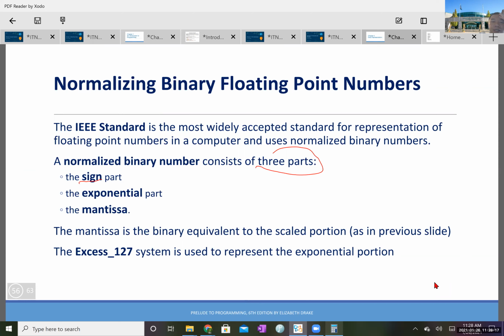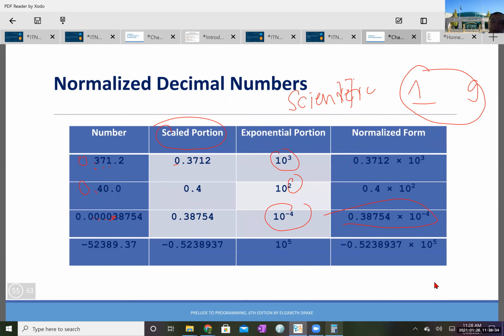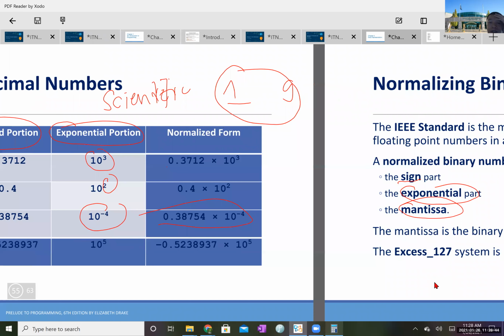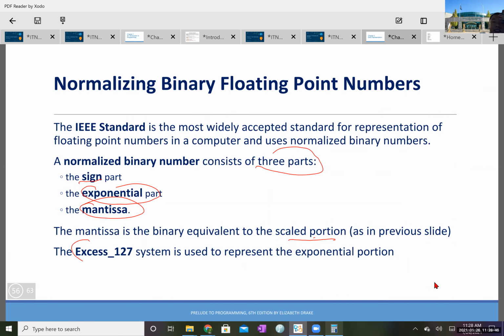You have the sign portion and the exponent portion here, and the exponent is stored in the excess 127 system. Let me tell you how the excess 127 system works.